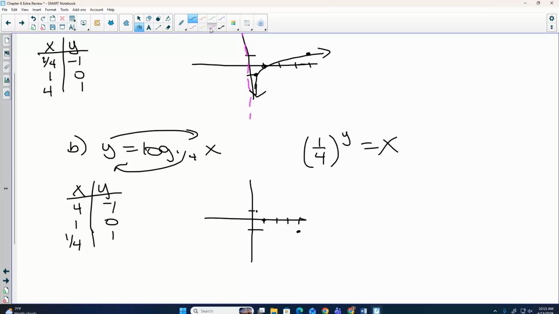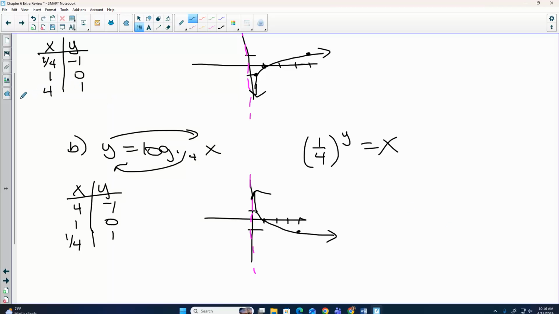Again, your asymptote. You have a vertical asymptote at the y-axis, so make sure you aren't crossing over that. And it should look like this. Are we okay with this?